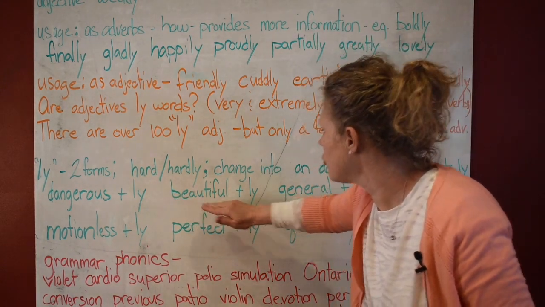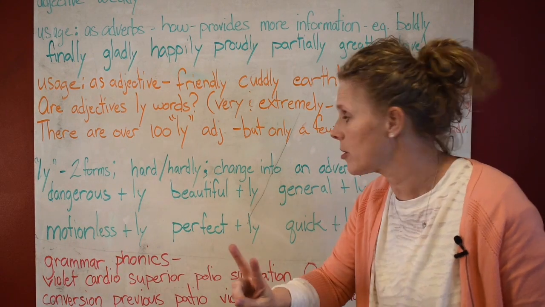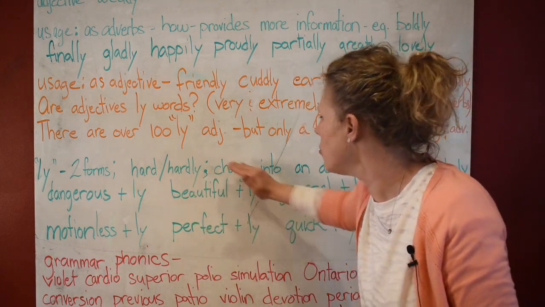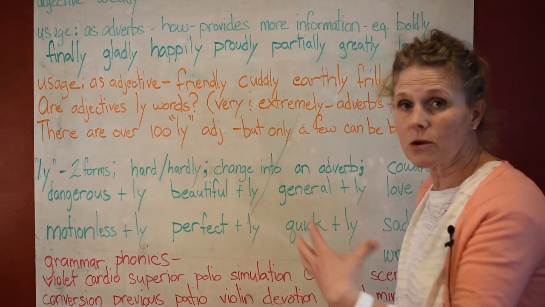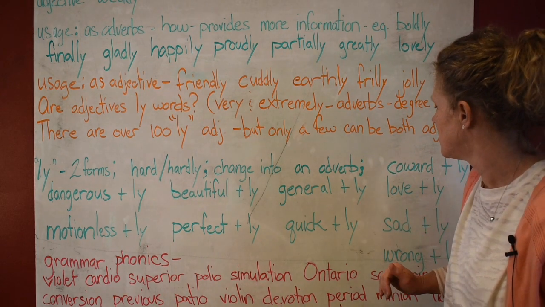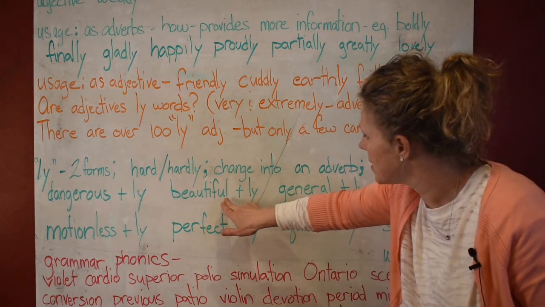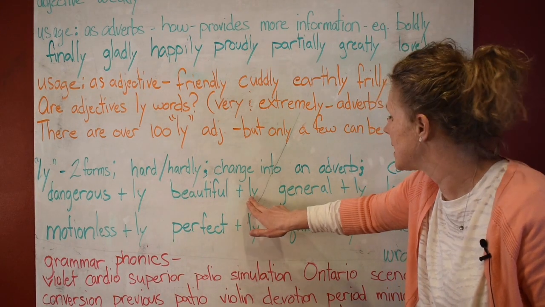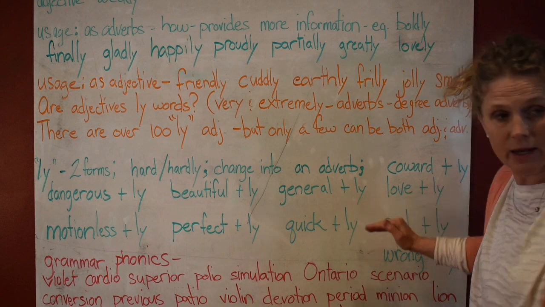Beautifully, beautiful plus ly. There's one, there's two. You need the two forms to make it. How are they acting beautifully? How? So let's just ask the question. Generally. See, here you can hear this L and this L. Same thing here. Beautifully. Generally. You can hear both those L's right here.